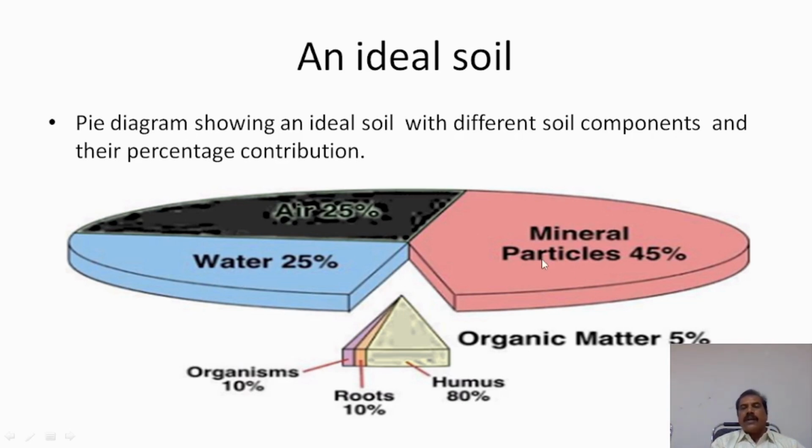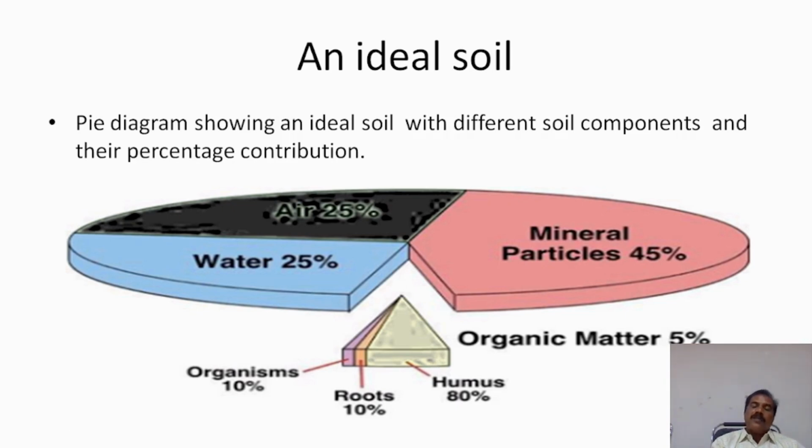Similarly, mineral content, for example, micro as well as macro elements, should be present at more or less 45% of the total soil mixture. At the end, organic matter, that is humus, should be present at more or less 5% of the total soil mixture.